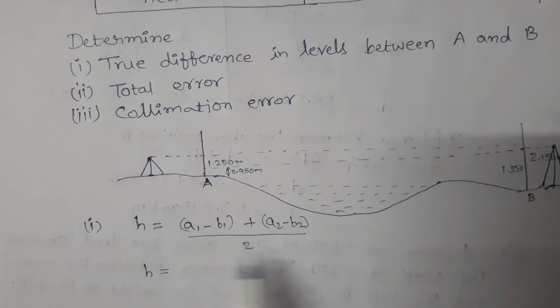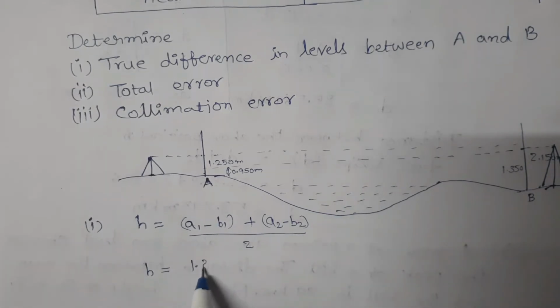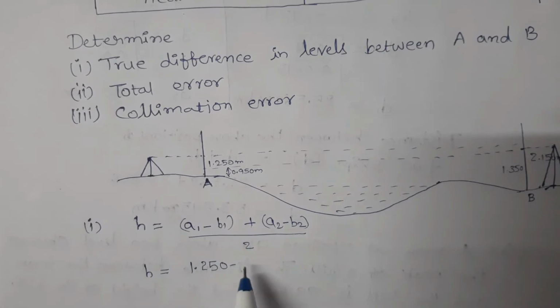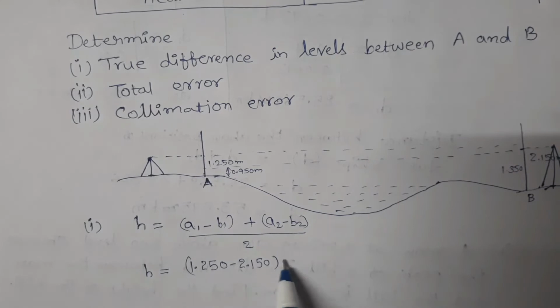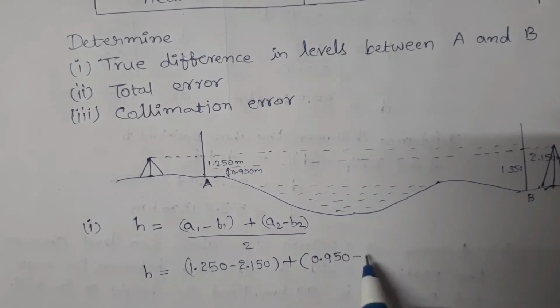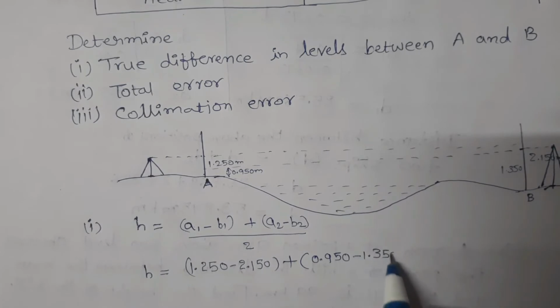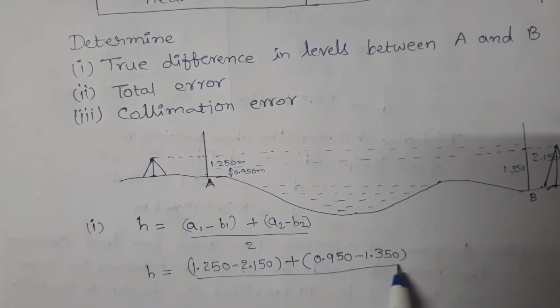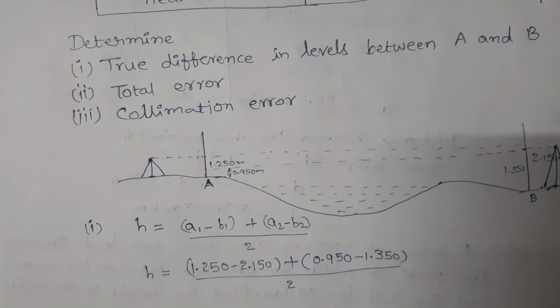The difference between the two levels is 1.25 minus 2.15 plus 0.95 minus 1.35, divided by 2.